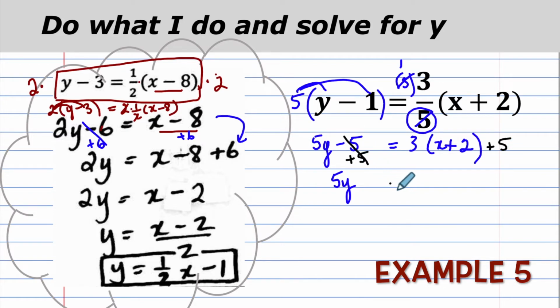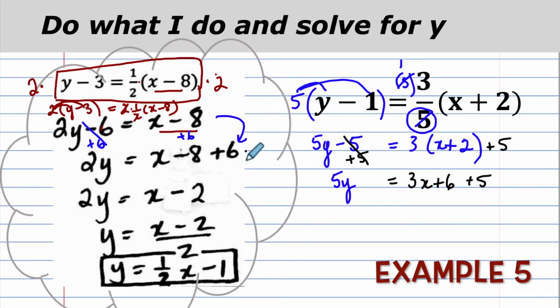That makes a 0 pair, and we can write this as 3x plus 6. We didn't need to keep the brackets here because there was a 1 in front, you see? But we had to keep it here because there was a 3 in front, and then distribute. And have the plus 5.